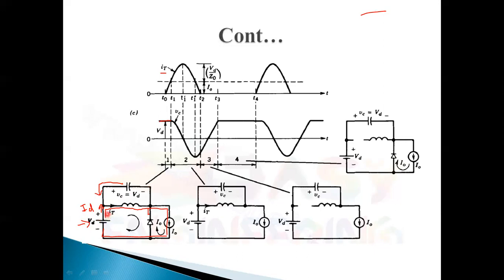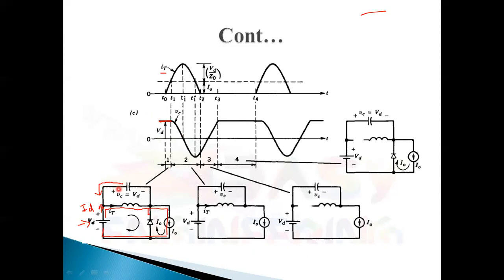So in that case, the maximum current is flowing through this branch, in which the inductor is present. If you consider this is VD voltage, then the capacitor is fully charged. So the voltage across the capacitor, VC, is constant in this mode, because this capacitor is not discharging in first mode.